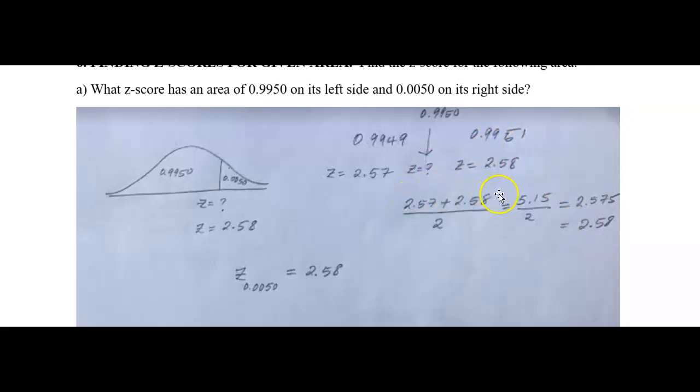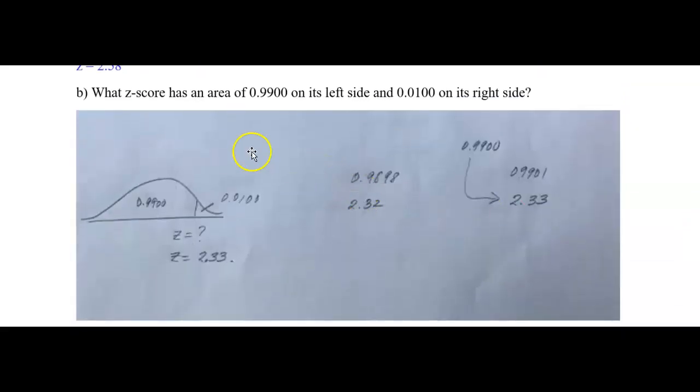But do the calculation as we did here always, right? And then round your answer to 2 places, right? So it's 2.58. This is an estimate, right? It should be 2.58. Right? So the z-score that has 0.9950 on its left side is 2.58.